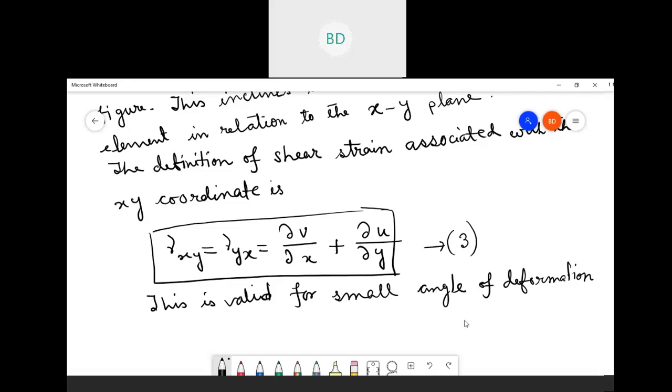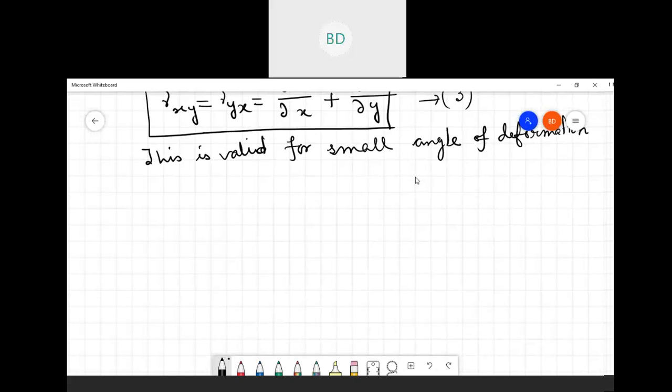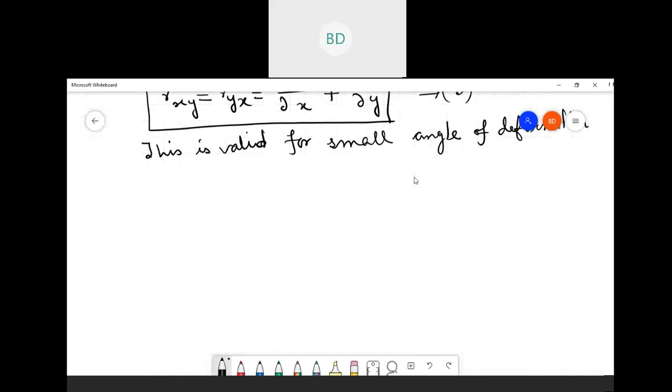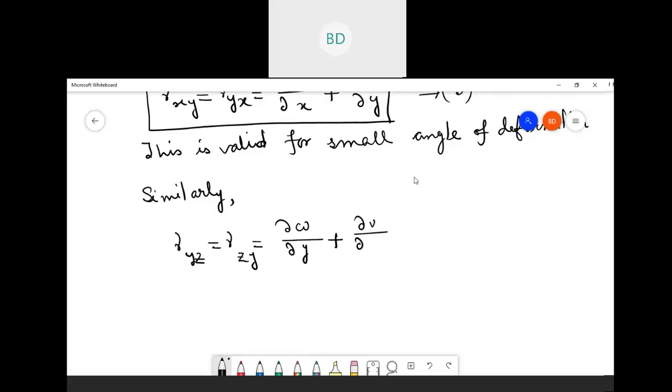Similarly, you will get gamma yz is equal to gamma zy is equal to del w del y plus del v del z. This is equation 4.